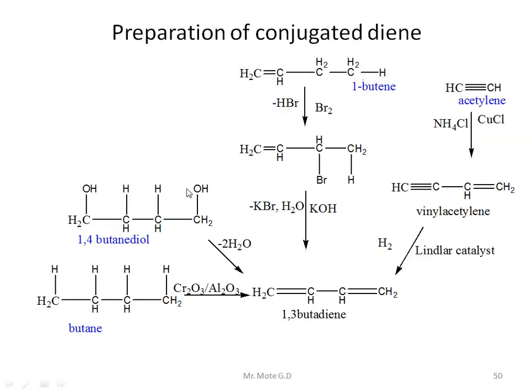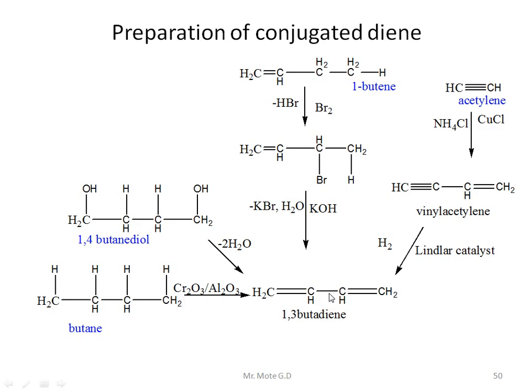Then we will see the preparation of conjugated diene. So the first compound that is a conjugated diene is 1,3-butadiene. The 1 and 3 positions will have the double bonds, and they are separated by a single covalent bond. That's why we are calling it conjugated diene. Example: 1,3-butadiene.